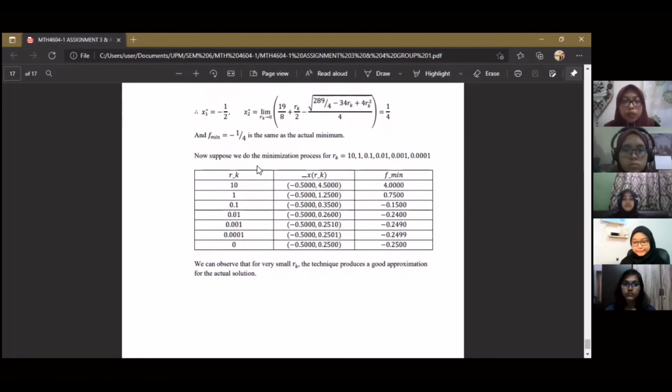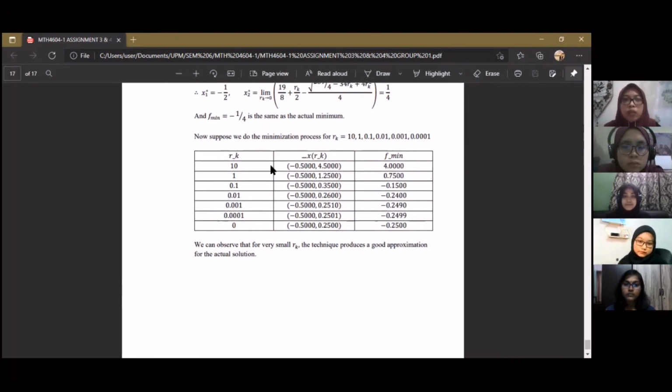Now, suppose we do the minimization process for various RK values: 10, 1, 0.1, 0.01, 0.001, and 0.0001. Since RK is approaching 0, we need to choose decreasing values of RK.